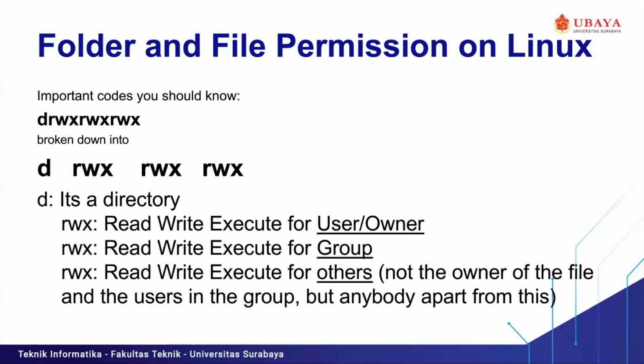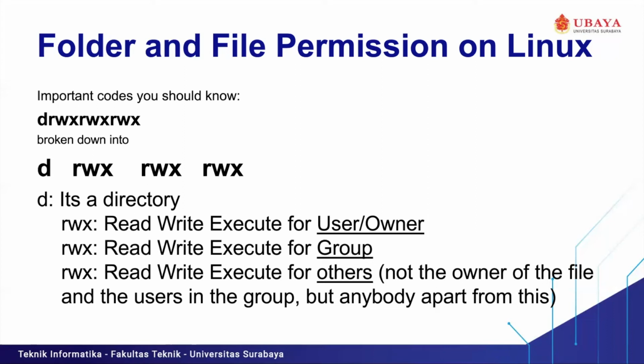You may have two groups on your operating system. In Ubuntu or Linux, we can create a group, so we can categorize every user in our operating system into a certain group. For example, Farid and Naufal are in group A, then Muhammad is not in group A but in group B.